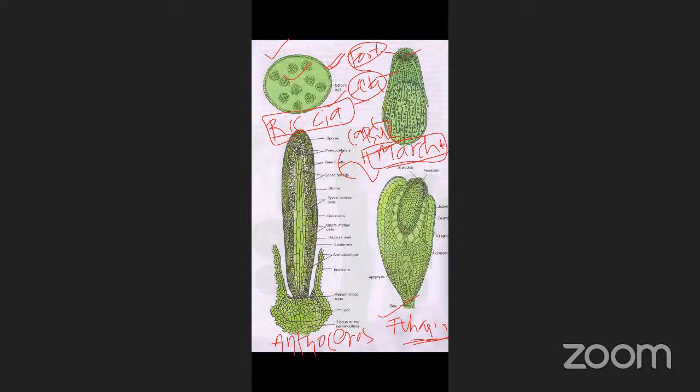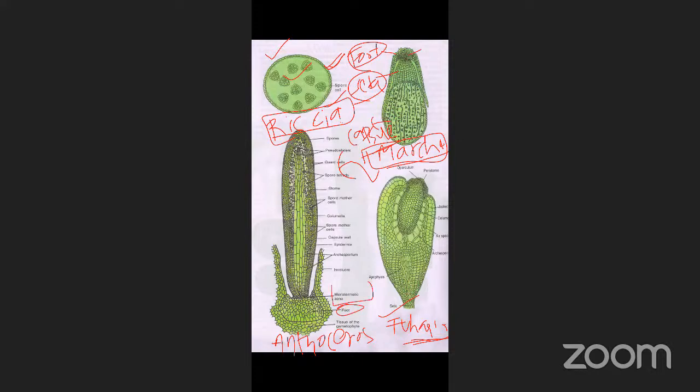Compare Anthoceros to Marchantia and Riccia. In Riccia, foot absent; in Marchantia, foot present; Anthoceros also has a foot present, right? Yes, sir. This is the foot. Next one, the meristematic zone.